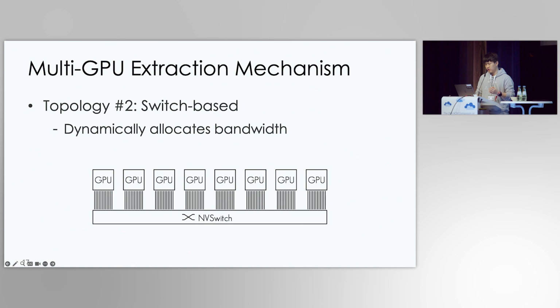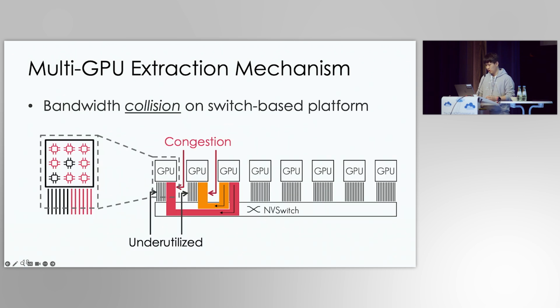The switch-based platform, on the other hand, connects each GPU indirectly through specialized hardware like NVSwitch. Therefore, the bandwidth between different GPU pairs is dynamically allocated according to workloads. This seems to avoid the congestion. However, when multiple GPUs are accessing at the same time, the congestion can still occur.